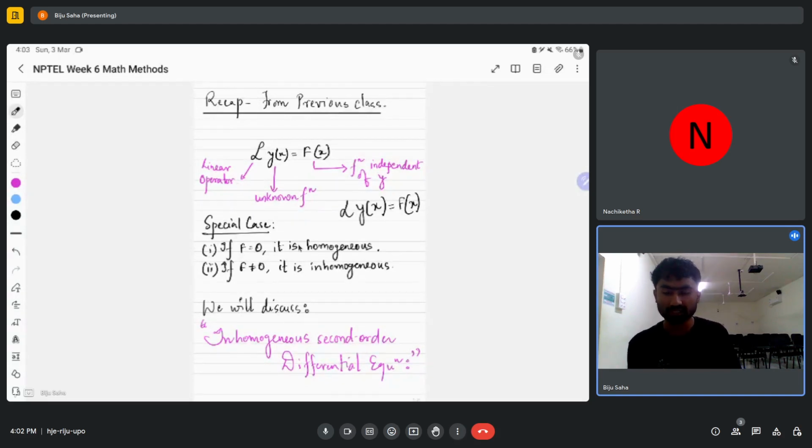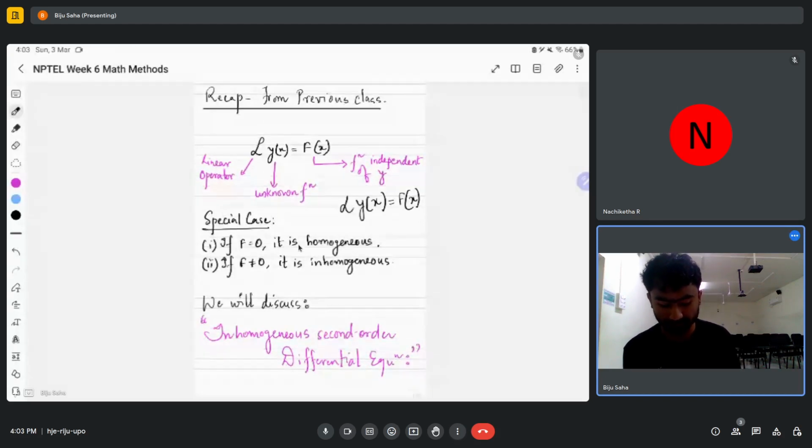Now there are special cases, the subclasses we can say, of linear differential equations. When your capital F is equal to 0, then the differential equation is known as a homogeneous differential equation. But if the capital F function is non-zero, then it is known as an inhomogeneous differential equation.